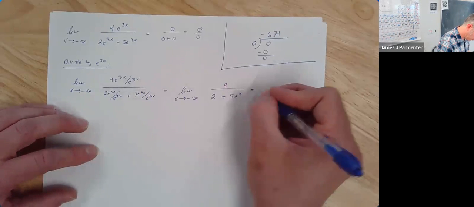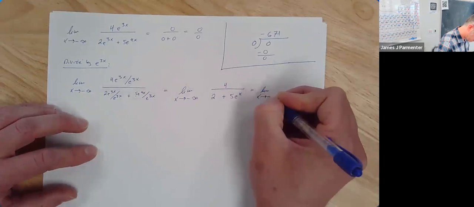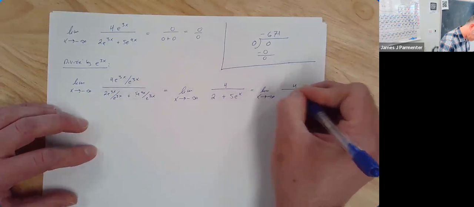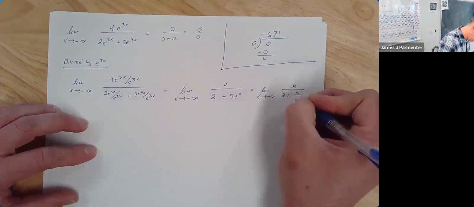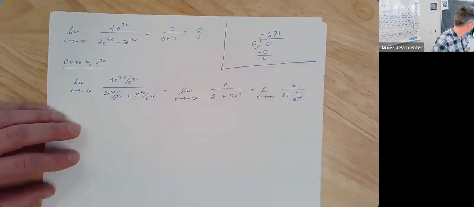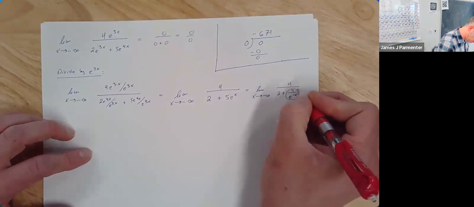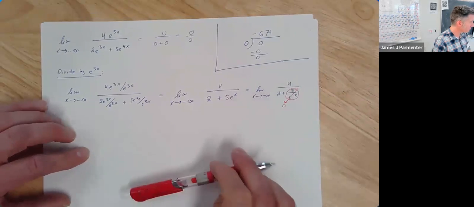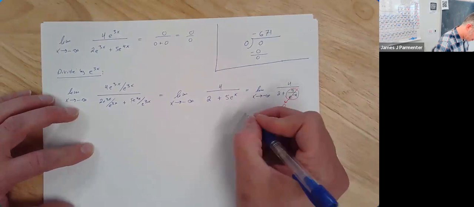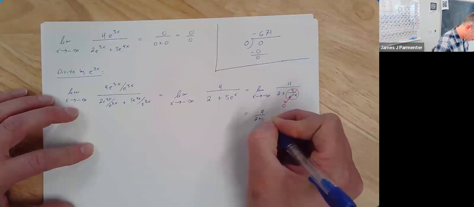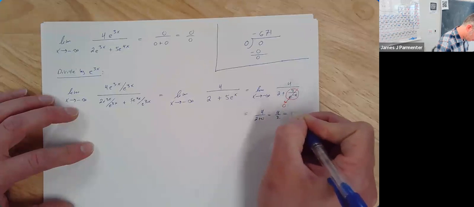Or if I prefer, 4 over 2 plus 5 over e to the negative x, just so I can do it the way I usually do it, which is saying, oh yeah, that's 5 over a big number. That's going to go to 0. So here I'm ending up with 4 over 2 plus 0, which is just 4 over 2, which is 2.